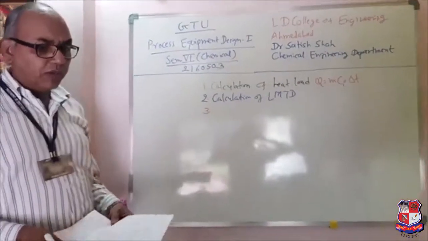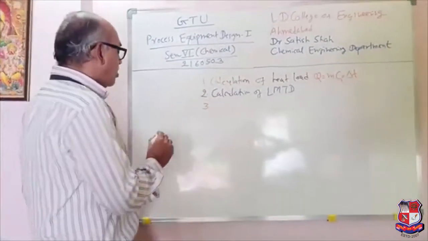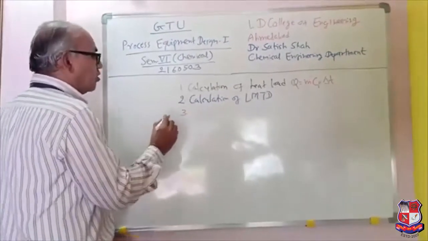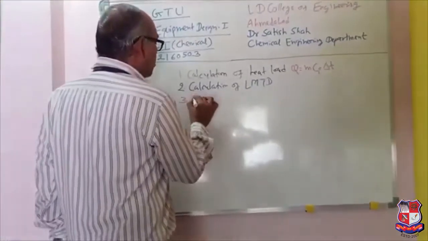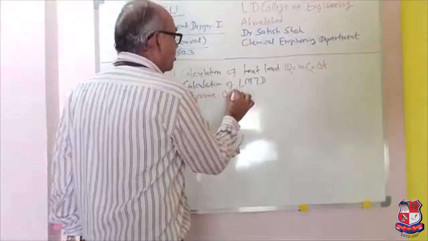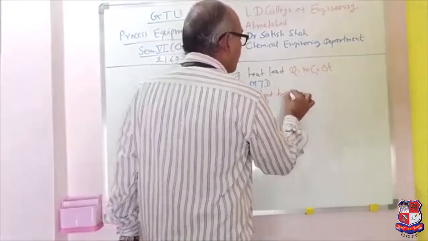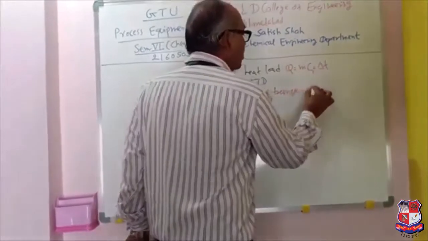Before going to the third step, I will tell you that there is one term which is known as overall heat transfer coefficient. Here I have to assume the overall heat transfer coefficient.